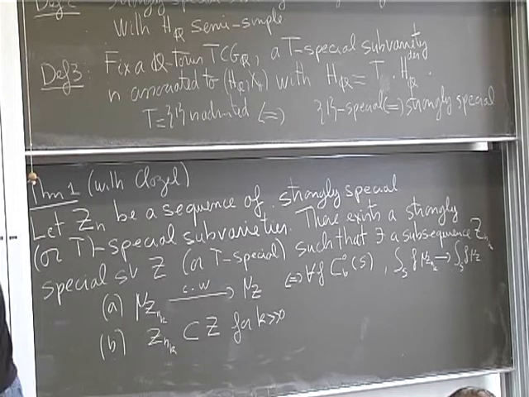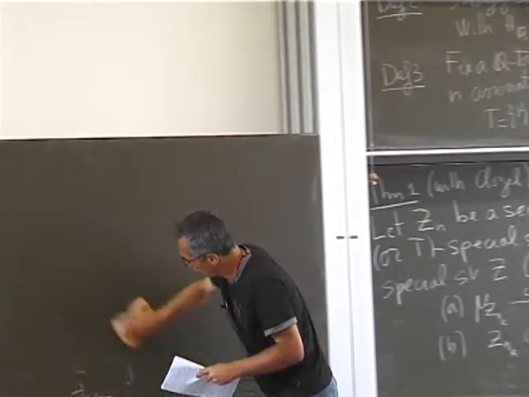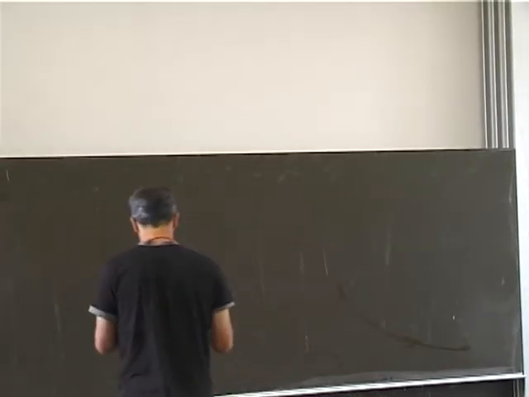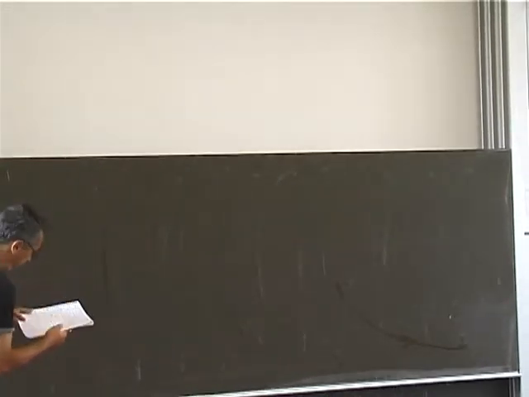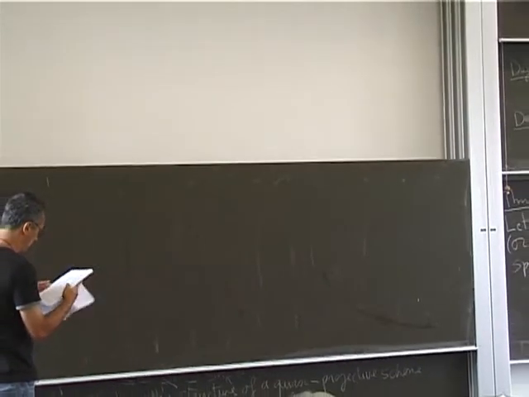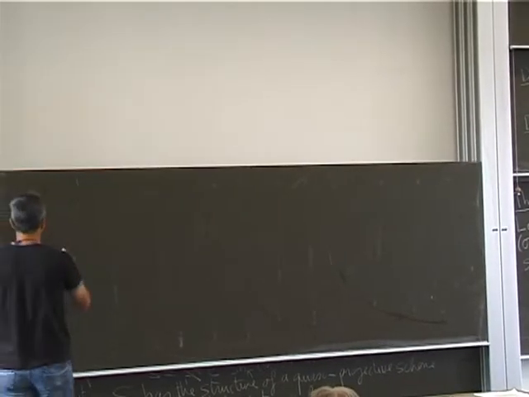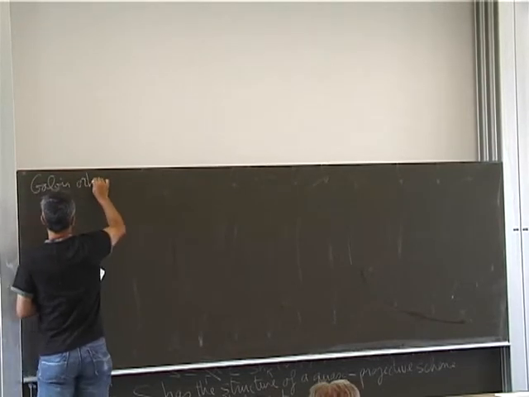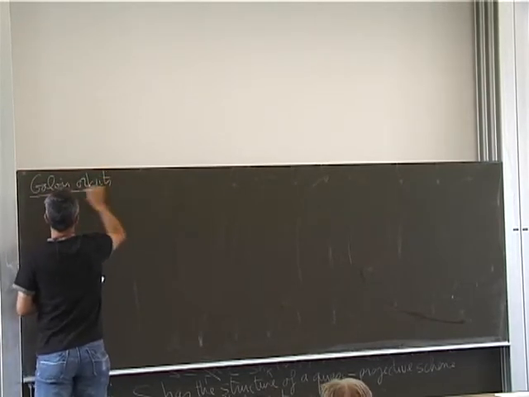So, okay, the second step, so this is equidistribution. Then I have a first theorem in Galois theory, Galois orbits.